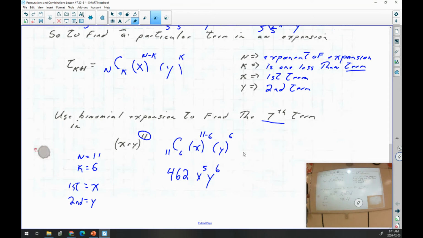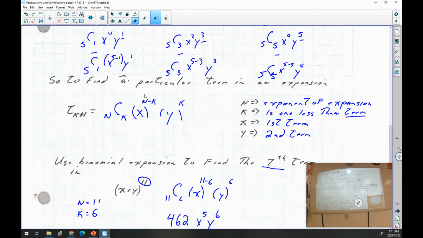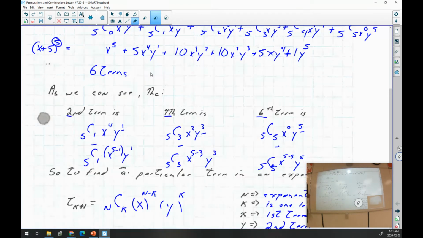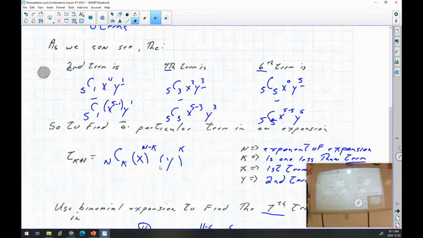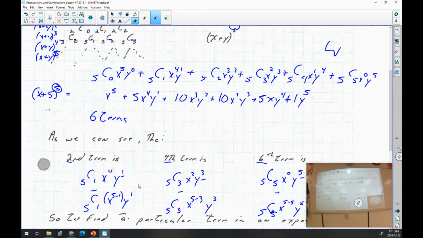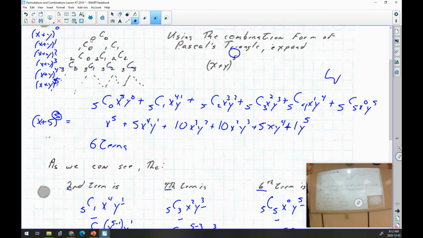Now, by the way, I basically cheated when I did it up here. I did do the binomial expansion because I knew this formula. Now again, why is k always one less than the term number? Well, our first term in any expansion is going to be 5 choose 0. That's the first term in the column.